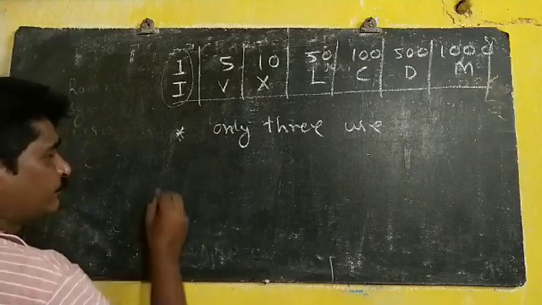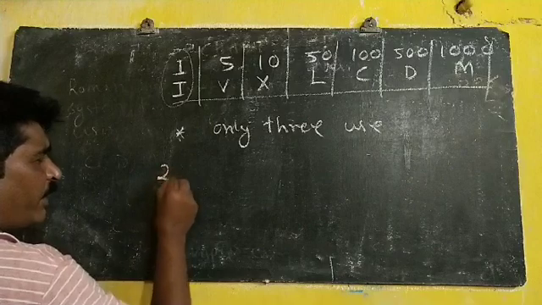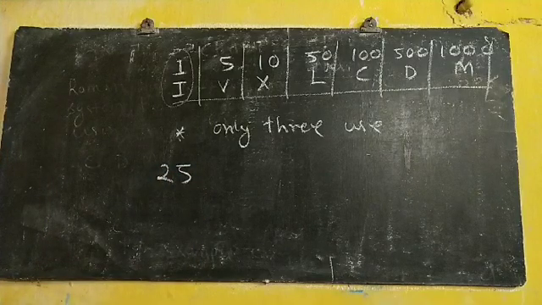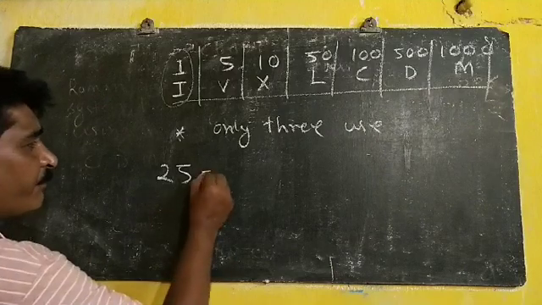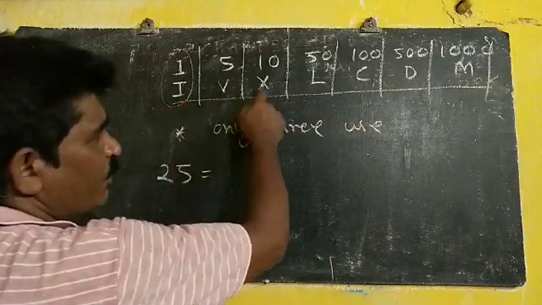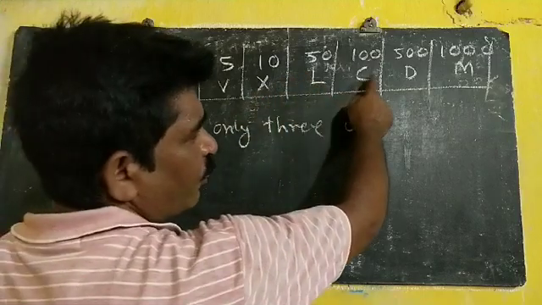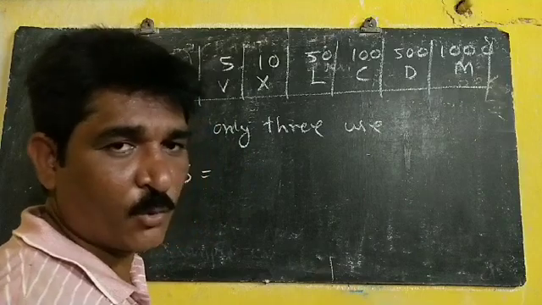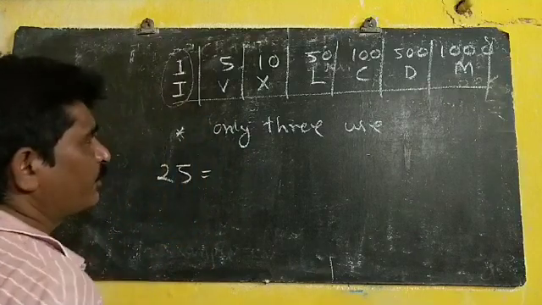Suppose to somebody you will give 25 rupees. You have to give 25 rupees. How can you give? We have 1 rupee note, 5 rupee note, 10 rupee note, 50 rupee note, 100 rupee note, 500 rupee note, 1000 rupee note or bundle we have. How can you give 25 rupees?